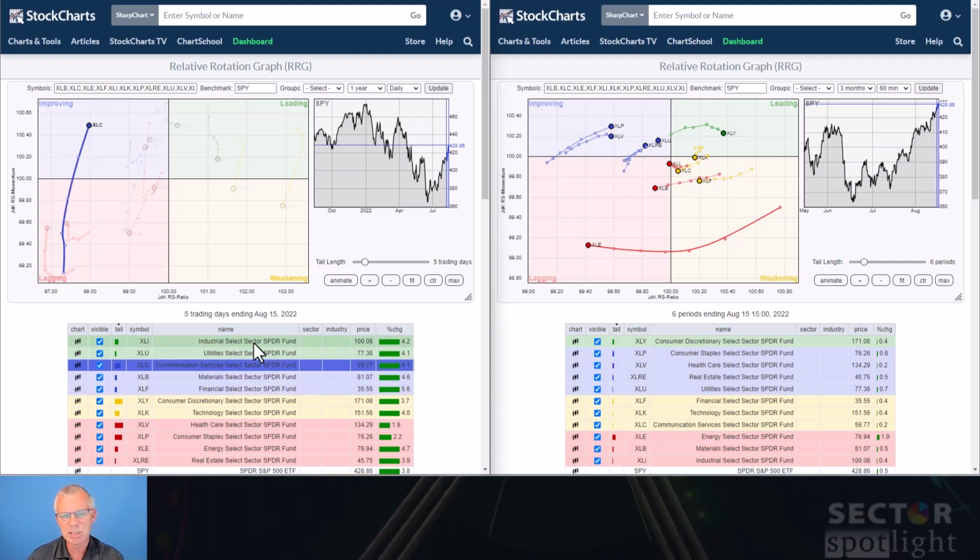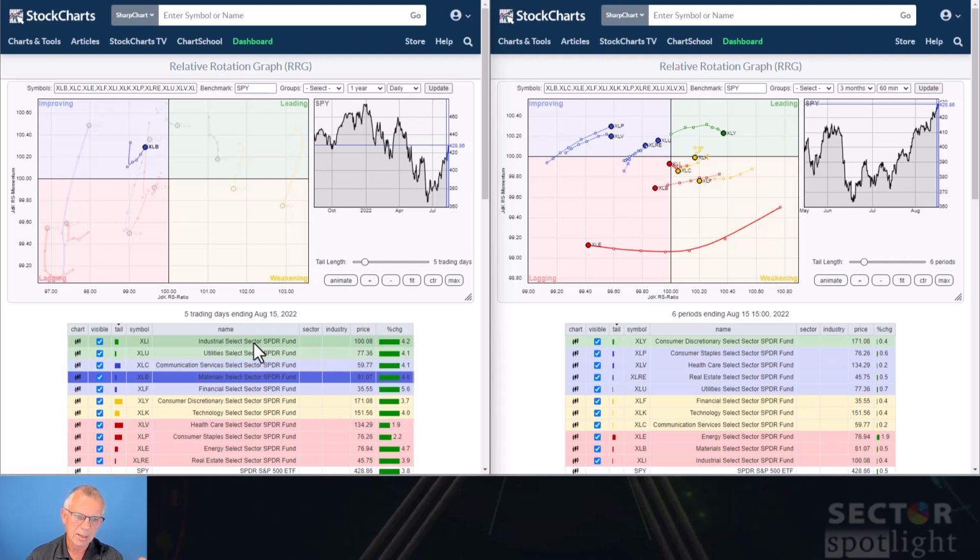It's interesting, but it's too vertical for me, and it's too low on the RS ratio scale. So I'm not yet interested in XLC. But I am interested in XLF, because on the daily, it actually is curling back up. It's pretty close to crossing over the 100 level on the RS ratio scale, pretty close to crossing over into the leading quadrant.